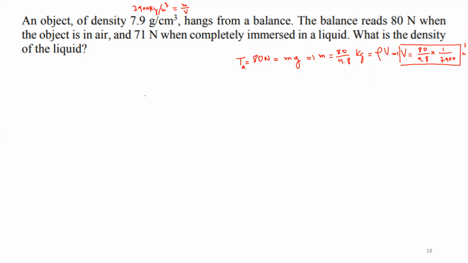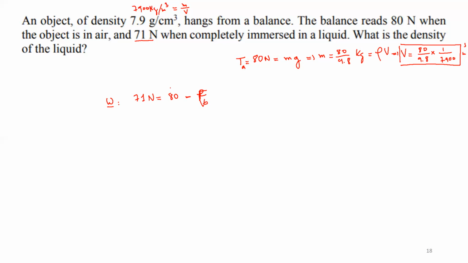This is the volume of the object, just in case I need it, in meter cube, of course. Now, when I'm in water, the apparent weight is this. In water, 71 Newton will be equal to the real weight, which is 80, minus the buoyant force, FB.